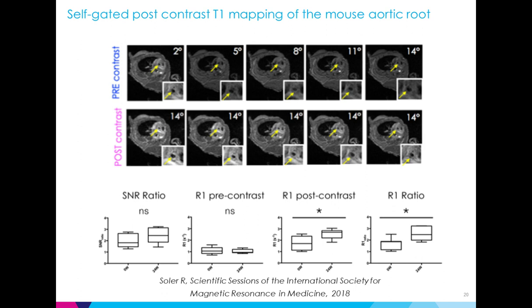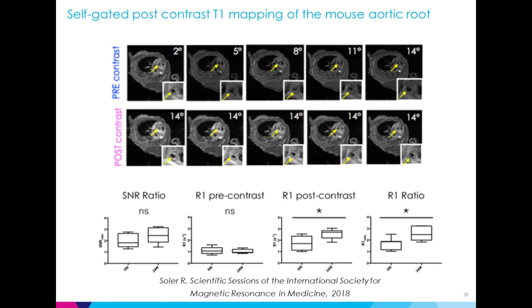In this case, I'm actually showing it as R1, which is 1 divided by T1. So if T1, of course, decreases after contrast, 1 divided by T1 would increase, and this is sometimes a measure that is used because it's simpler to talk about and understand. But you can see that the R1 post-contrast is higher in older mice with respect to younger mice.